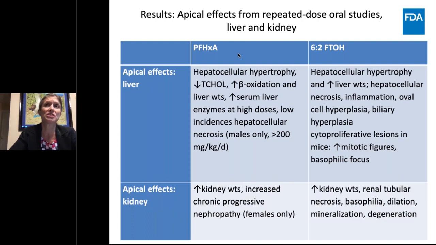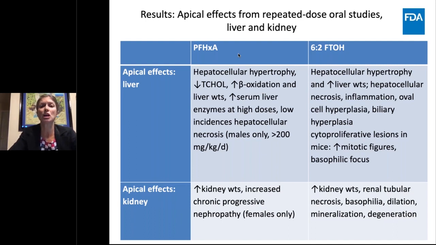These are standard OECD 407 and 408 studies. In addition, there was a 90-day study available in mice with the 6,2-fluorotelomer, where the effects were also included in this analysis.